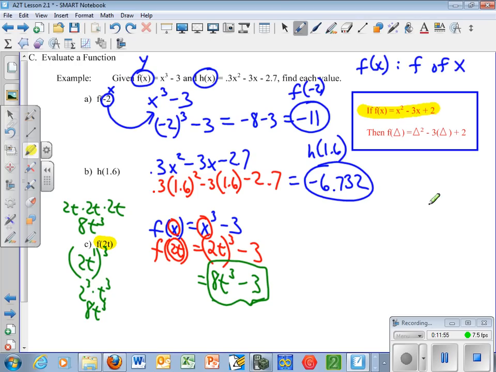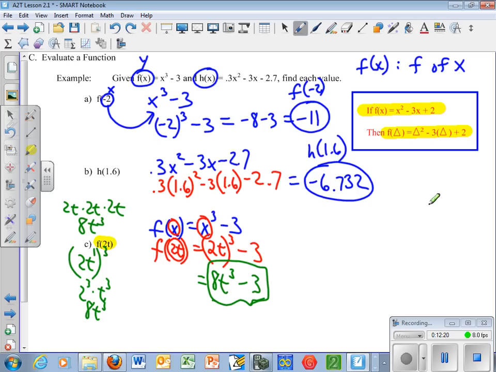If this was the given function, and I said find f of triangle, well, notice every place we see an x, we're going to plug a triangle in. So it'd be triangle squared minus 3 times triangle, and we showed parentheses to show multiplication there, plus 2. You can't simplify any further than that. That would be your answer.